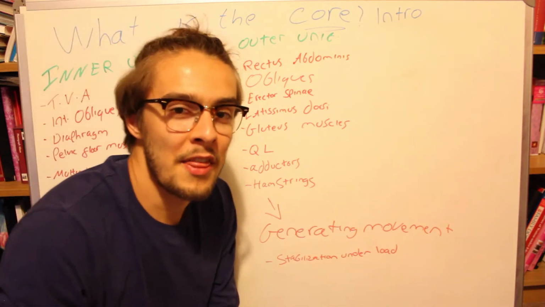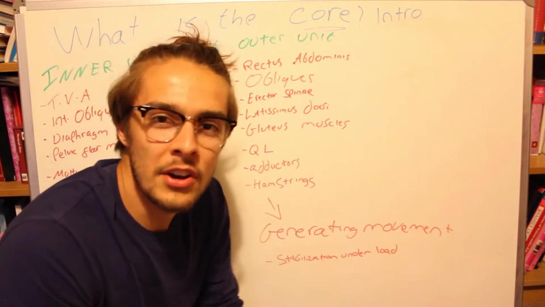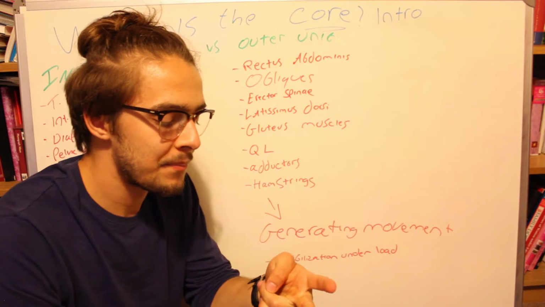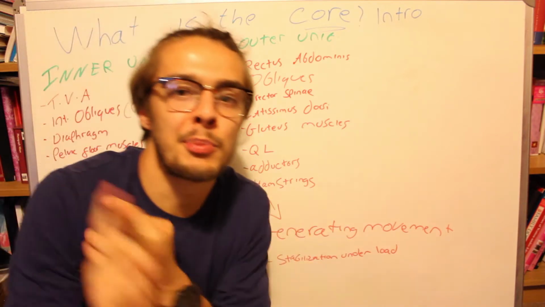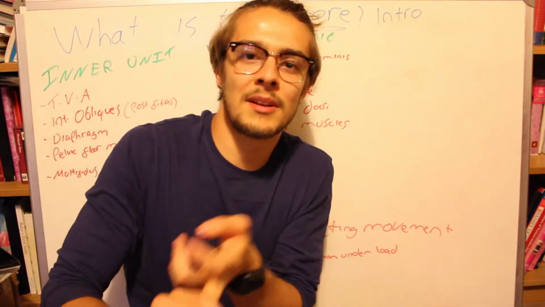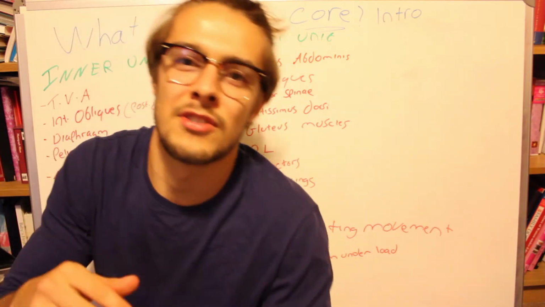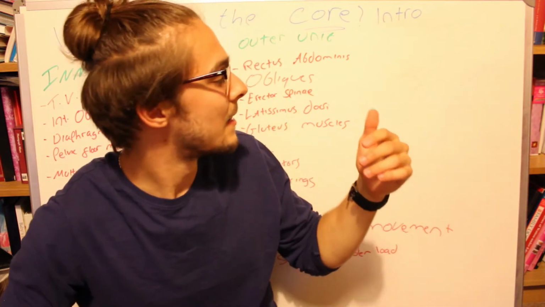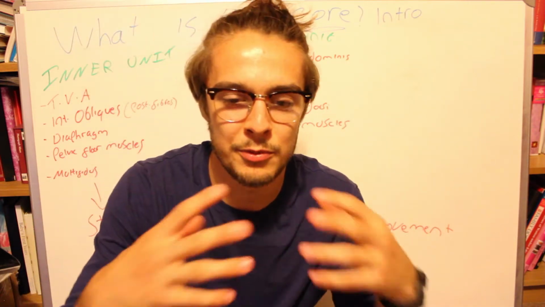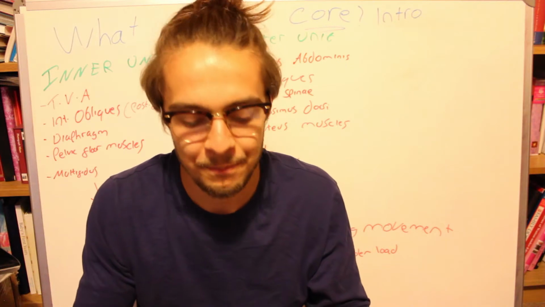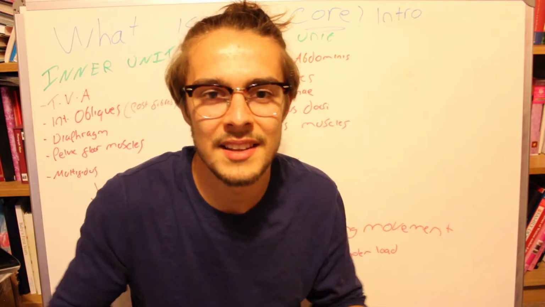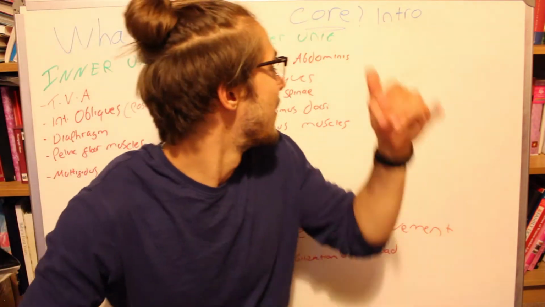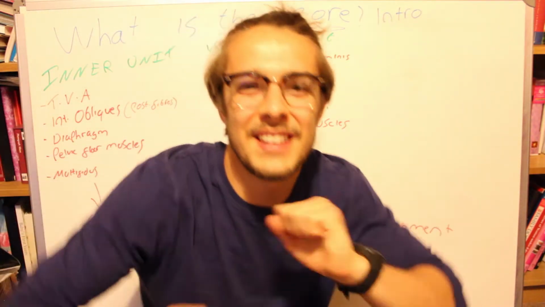So I hope that is helpful as an introduction to the core, the inner unit and the outer unit. The inner unit is responsible for postural stabilization, segmental stabilization of the spine and your sacroiliac joint, and your outer unit is responsible for the movement that your body creates, and also for stabilization under load. There are different muscles in each and they both work in synergy.